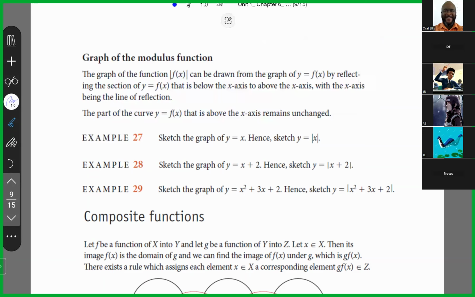Now, here's a note about the graph of the modulus function. This says the graph of the function, the mod of f of x, can be drawn from the graph of y is equal to f of x by reflecting the section of y is equal to f of x below the x-axis to above the x-axis, with the x-axis being the line of reflection.